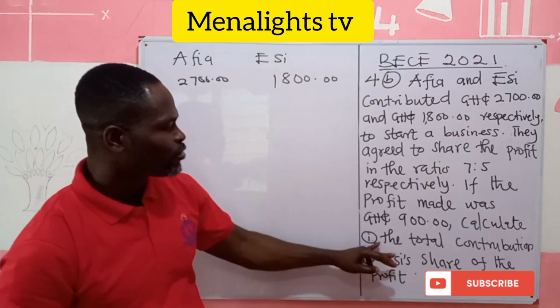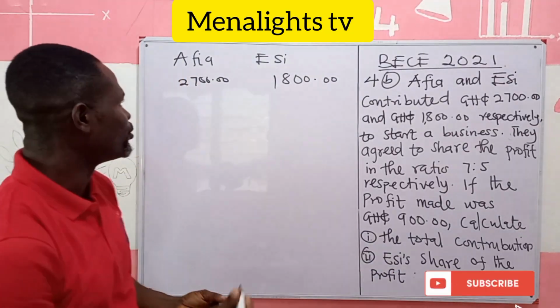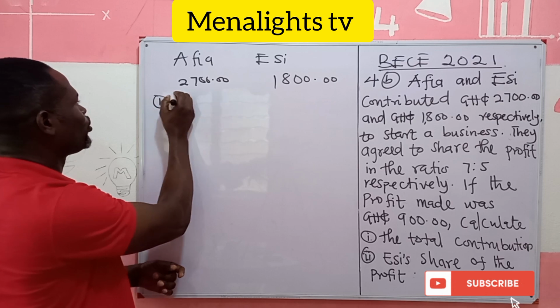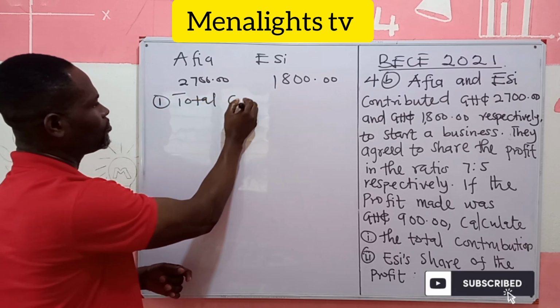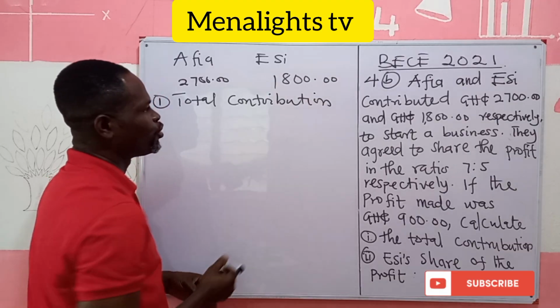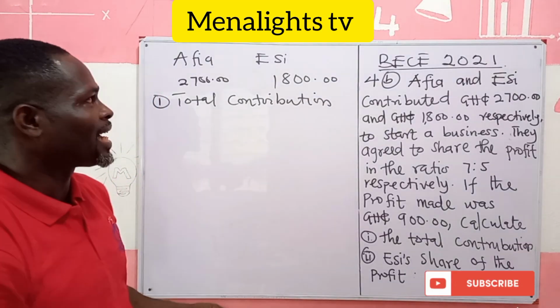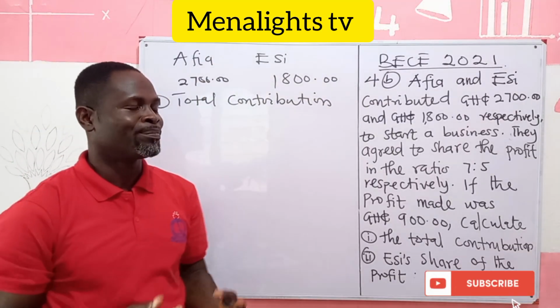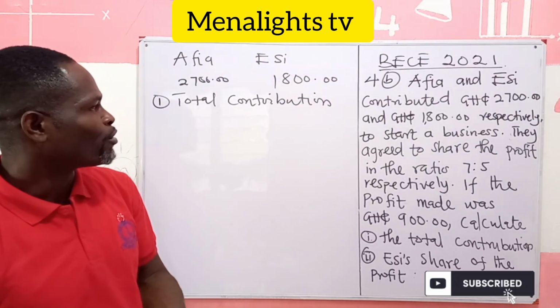Then when we come to the first question, find the total contribution. So the total contribution is going to be the amount that Afia contributed plus the amount that AC contributed.